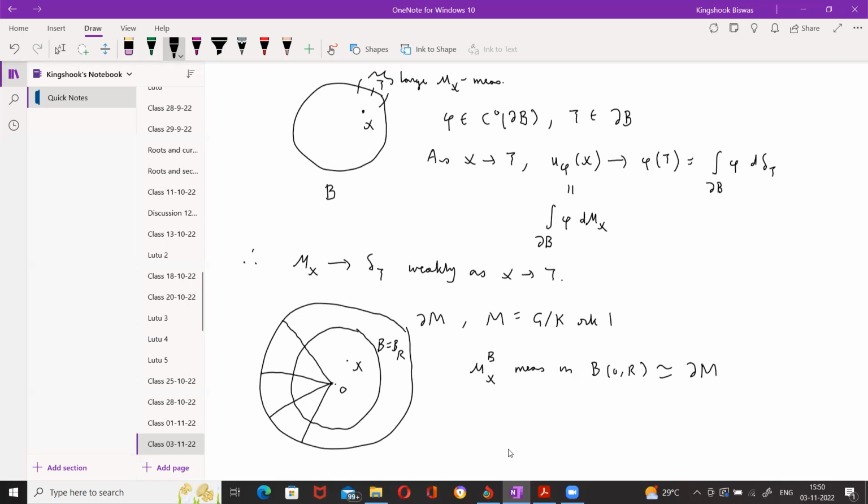Once I identify these measures with a fixed space, boundary M, then boundary M is compact. These are probability measures, therefore they are weak star compact. So as R tends to infinity, for every fixed X, they will have a weakly convergent subsequence because they're just a sequence of probability measures on a compact space.